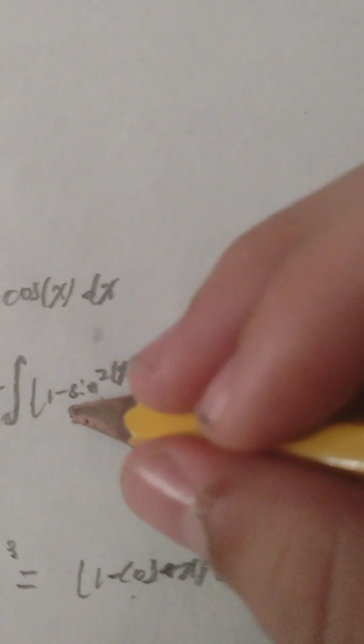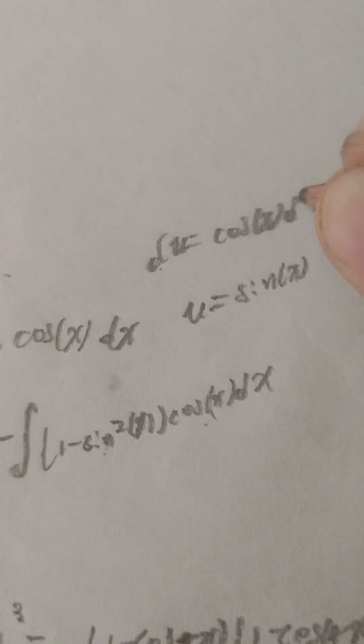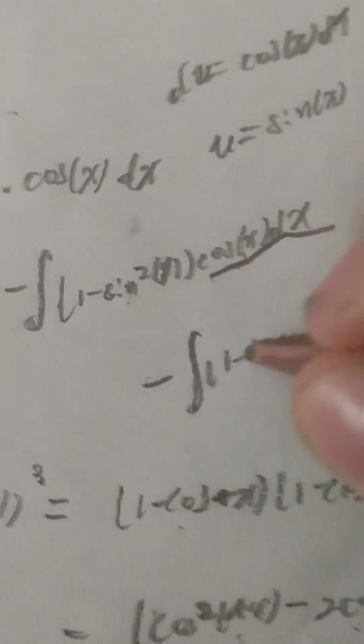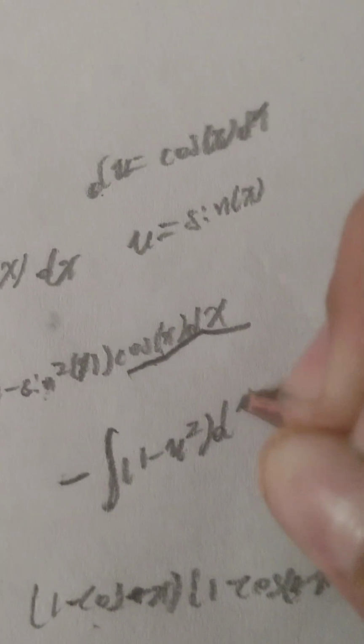Hold up. You can do u substitution because this is sine x and the derivative of sine x is cosine x. U equals sine x. Du is cos x dx. This is our du. So this is negative integral 1 minus u squared du. Hold up.